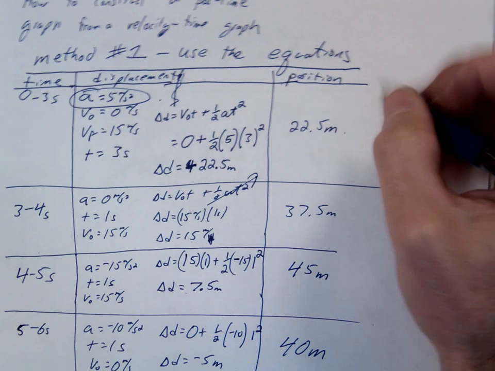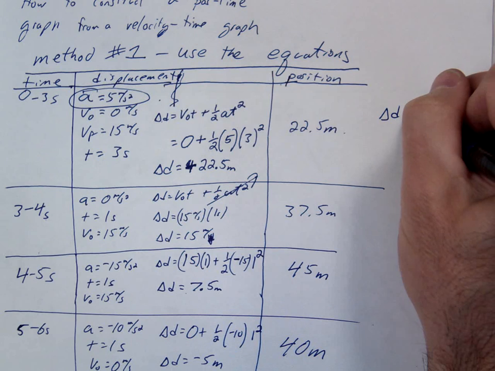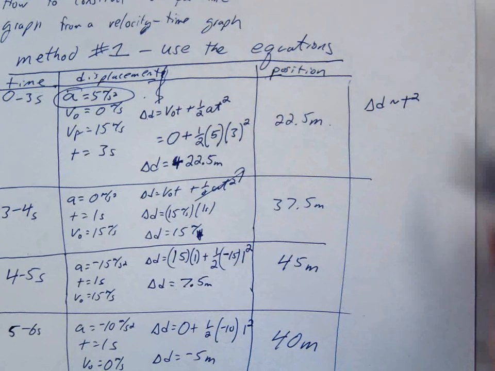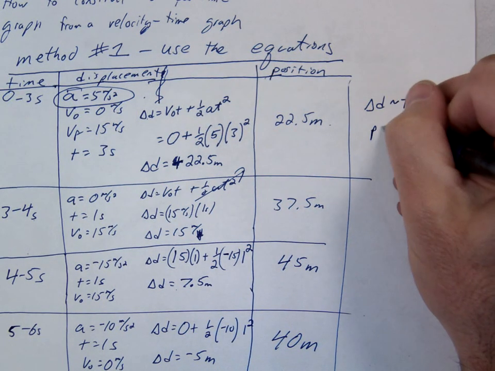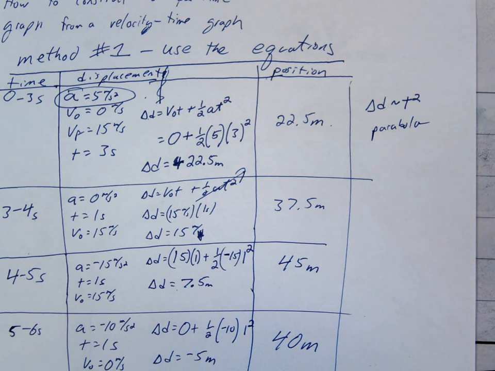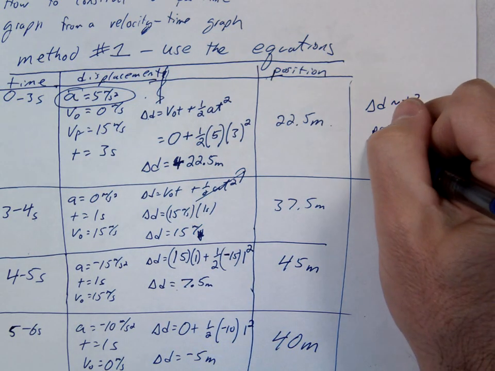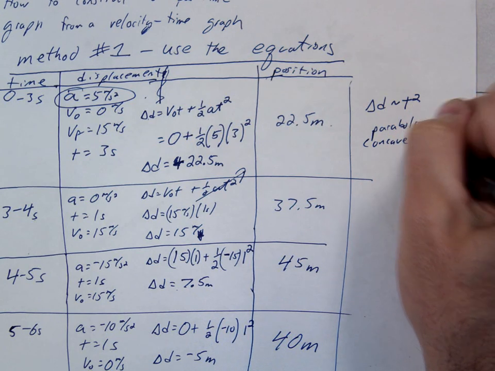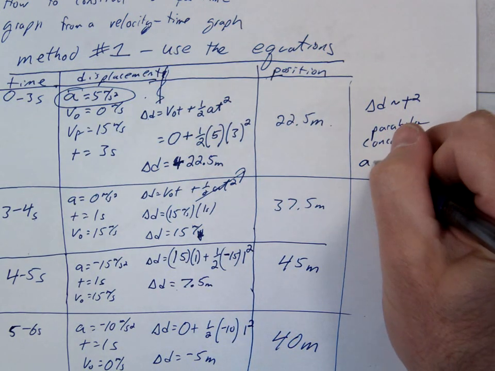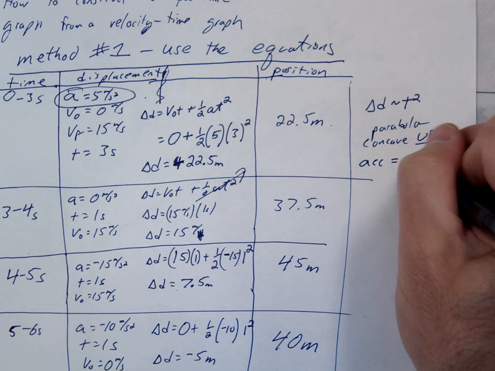A parabola, right. Delta d is proportional to a t squared. Well, this is a parabolic shape. We call this a concave up type parabola. This will always happen when acceleration is positive.